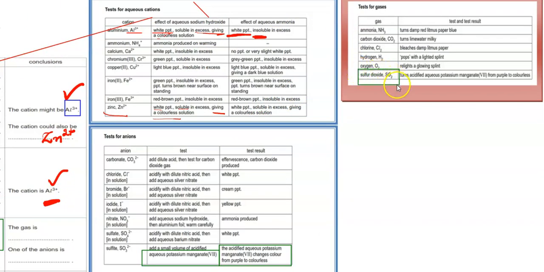SO2, and it has a test with aqueous potassium manganate. It is from purple to colorless and the gas evolved changes the color. So it is sulfur dioxide, and the anion might be SO3 2- because it is with KMnO4.